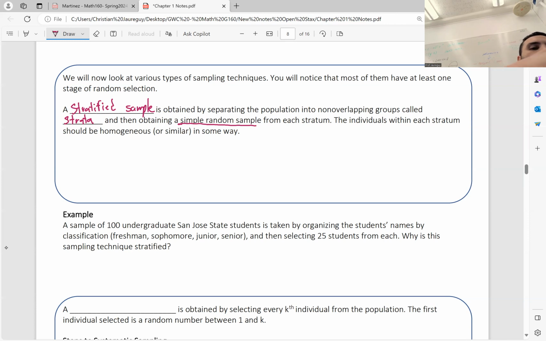So what I like to write down real quick are some common strata that people are split up into. I don't want to give too many away because this might be a future discussion. But some common strata that we might break people up into are race and ethnicity.